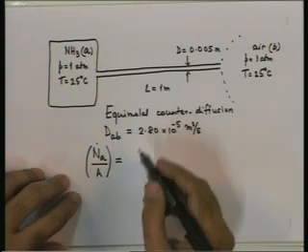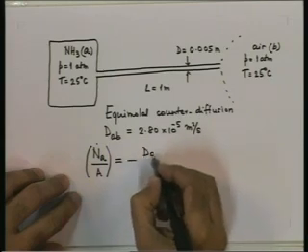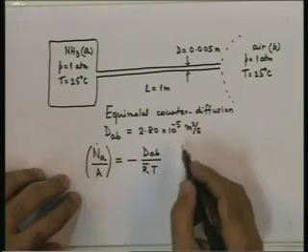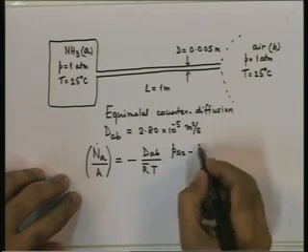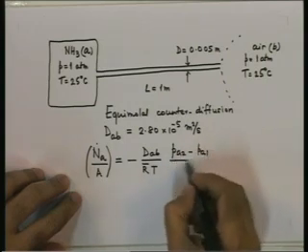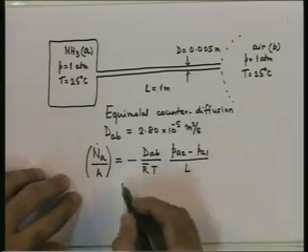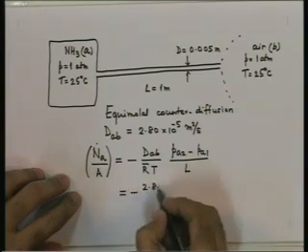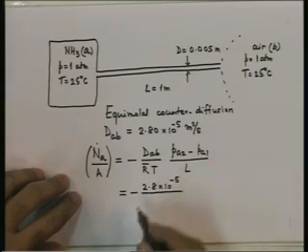Because it is a process of equimolar counter diffusion, this will be minus DAB divided by R bar T, Pa2 minus Pa1 by L. Let us substitute DAB is 2.8 into 10 raised to minus 5 meters square per second.